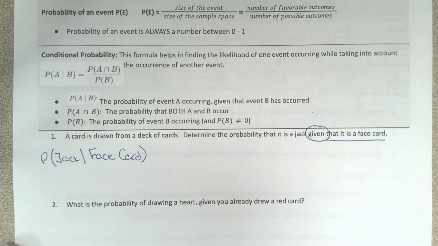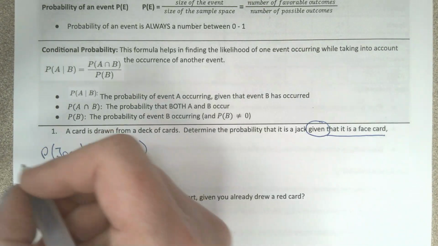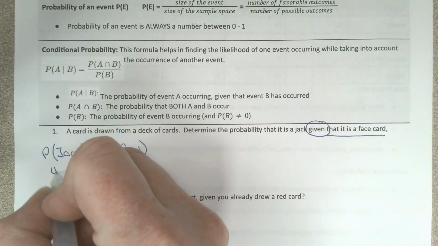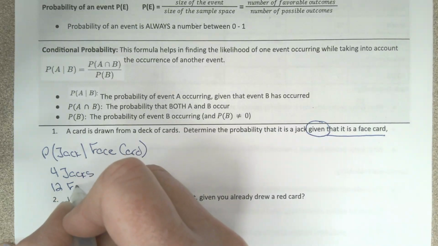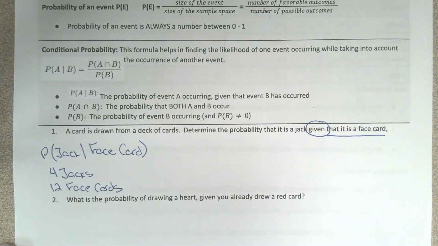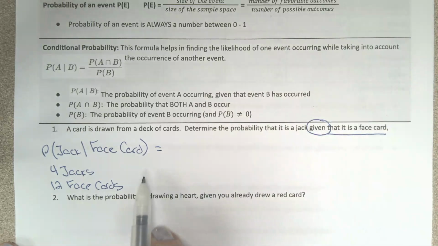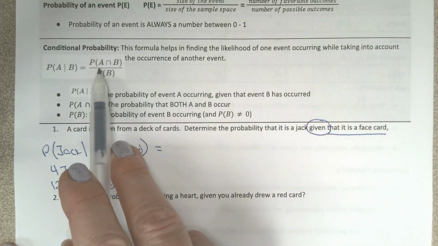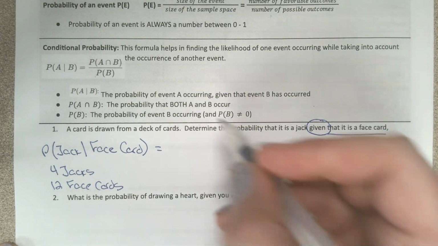So you have to know a little bit about cards. There are 4 jacks in a deck of cards, and there are 12 face cards in a deck of cards. So the probability of A intersect B is the probability that both A and B occur.